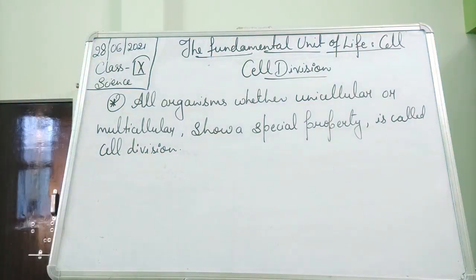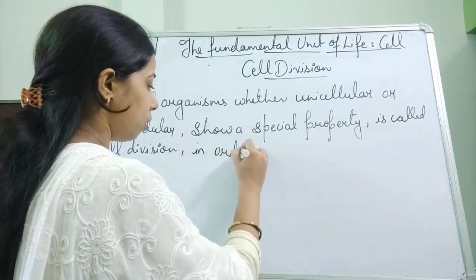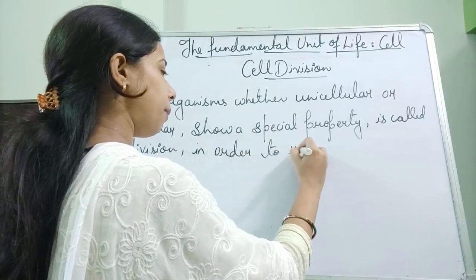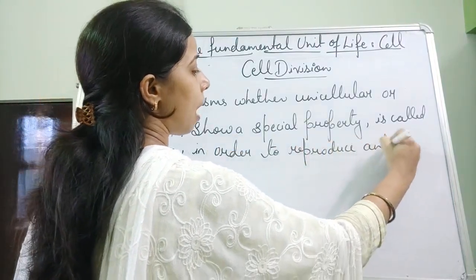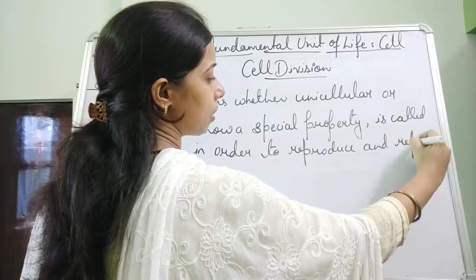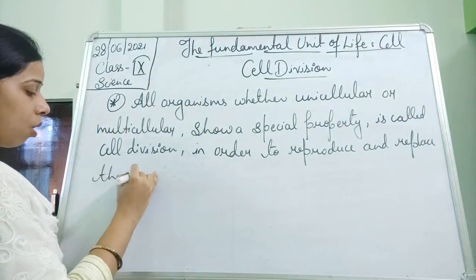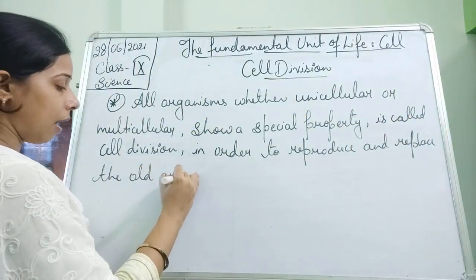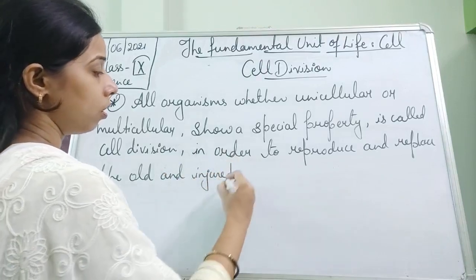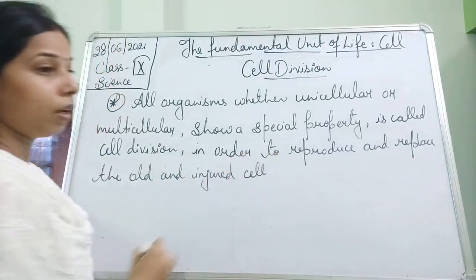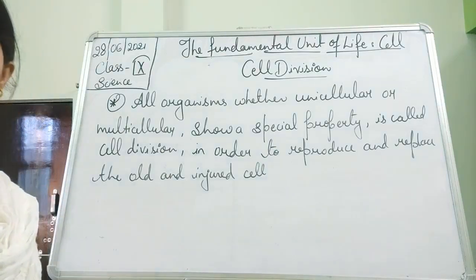So, we can write here, cell division is in order to reproduce and replace the old and injured cells.